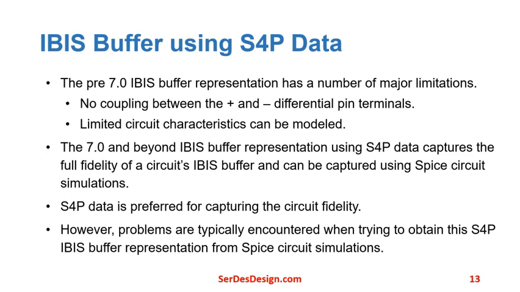However, the 7.0 and beyond IBIS buffer representation using S4P data captures the full fidelity of a circuit's IBIS buffer and can be captured using SPICE circuit simulations. The S4P data is preferable for capturing the circuit's fidelity. However, problems are typically encountered when trying to obtain the S4P IBIS buffer representation from SPICE circuit simulations.